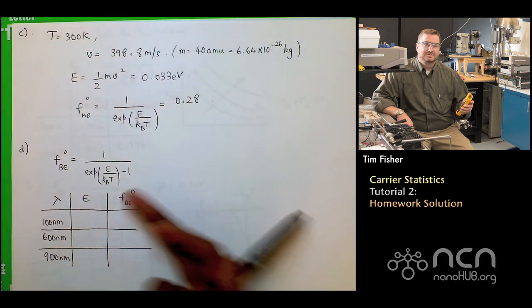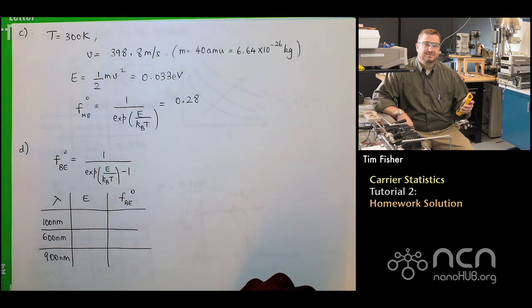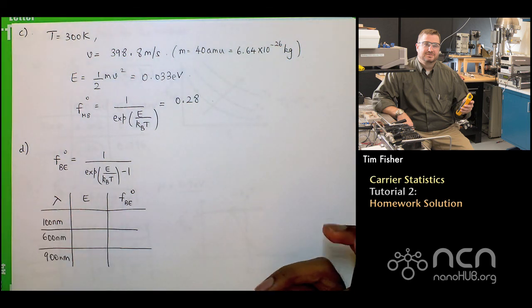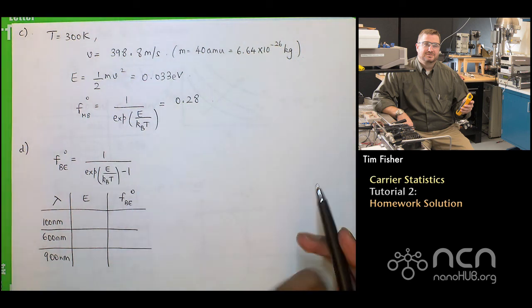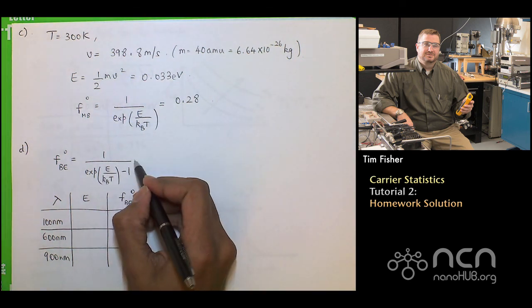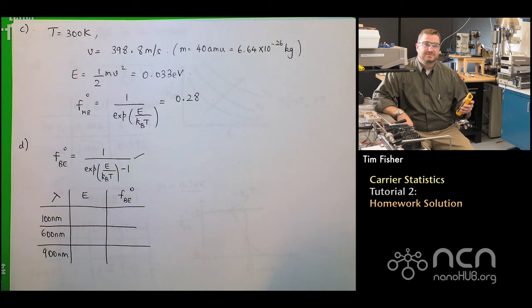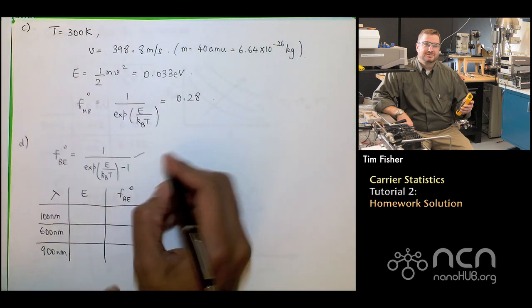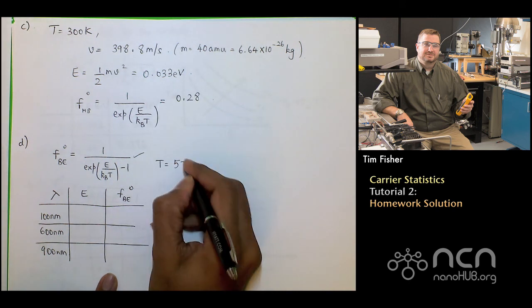And moving on to the last part of this problem, we are required to calculate the occupation numbers for photons at 3 different wavelengths. Photons are similar to phonons in the sense that they're also bosons and follow the Bose-Einstein distribution function given here. We are required to calculate at a temperature of 5700 Kelvin.